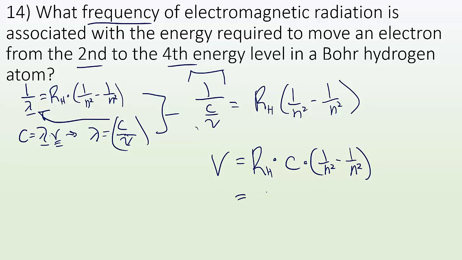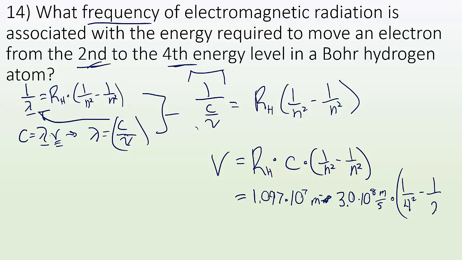RH, again, is 1.097 times 10 to the 7 per meter, times 3.0 times 10 to the 8 meters per second, times, in parentheses, 1 over 4 squared minus 1 over 2 squared, because the transition is from second to fourth.